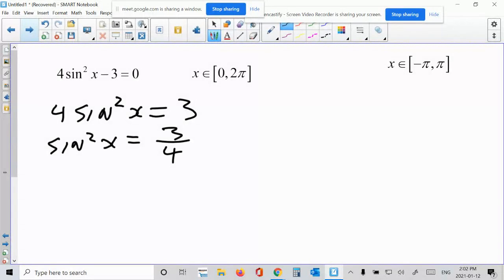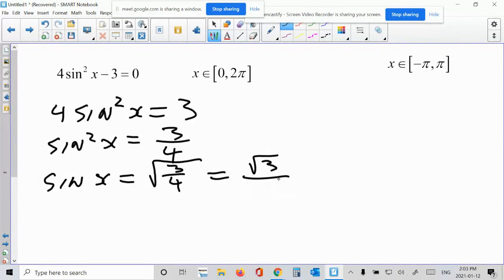Sine squared x is equal to 3 over 4. And of course, the last time we took a square root, so we'll do that again. So the sine of x is equal to the square root of 3 over 4, which is equal to the square root of 3 over the square root of 4. These are both plus and minus, by the way. Which is equal to root 3 over 2, plus and minus.